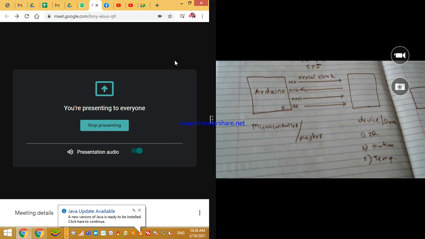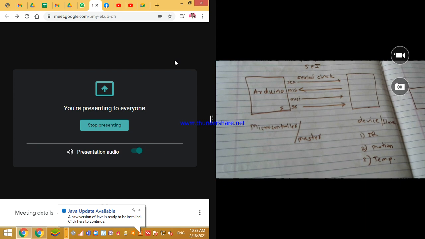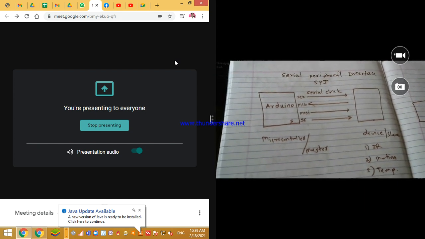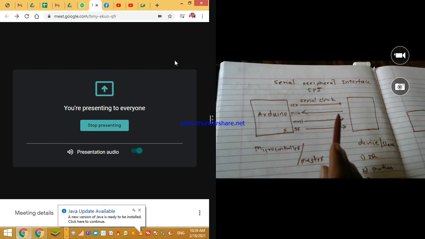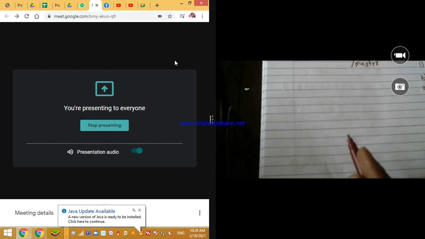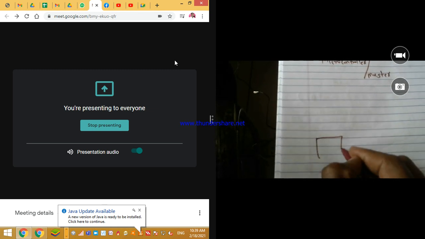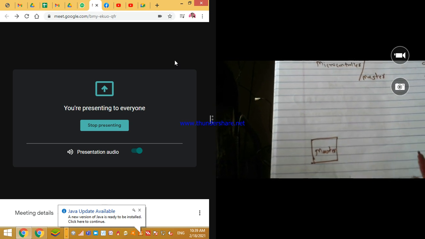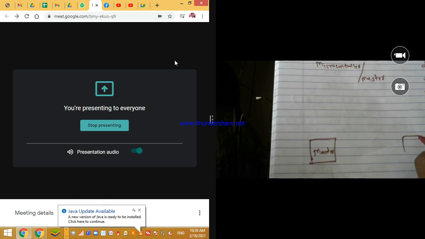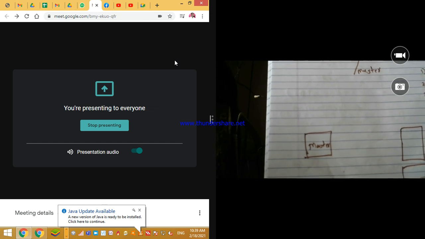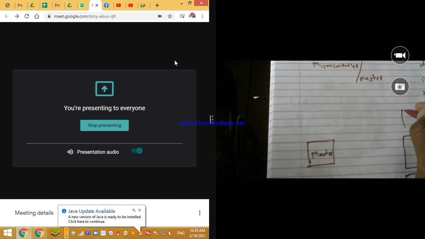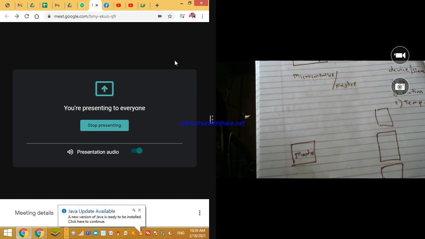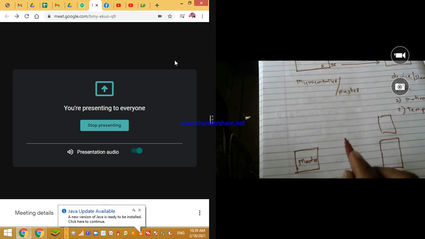But how do we connect multiple slaves to one master? Let's understand it through the example diagram. This diagram is only for one master and one slave. See over here, this is a master, suppose, and there are multiple slaves. How can we connect these multiple slaves?